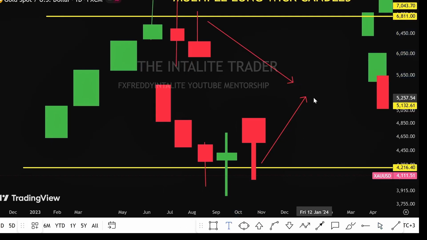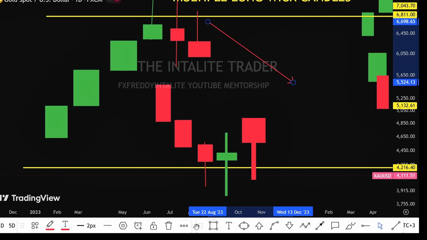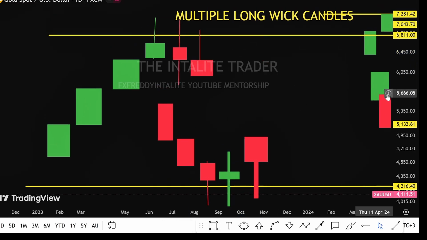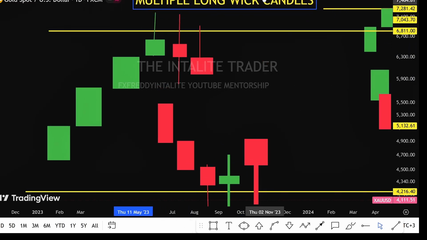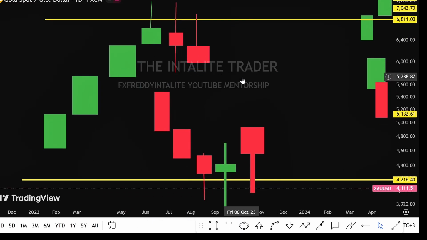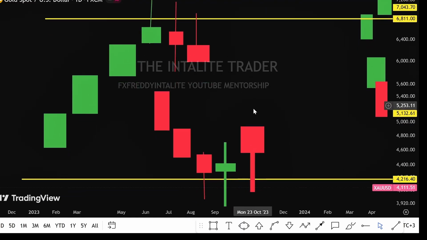And what does this tell you as a trader? This simply tells you that price tried over and over multiple times to break a level, but failing. If you have these candles forming at a level of support or resistance, this price has tried multiple times to break above here, but they have failed.